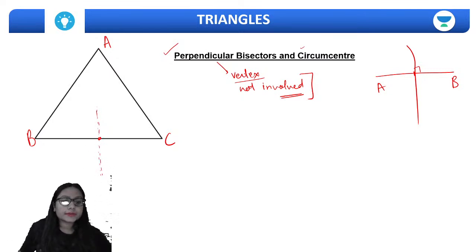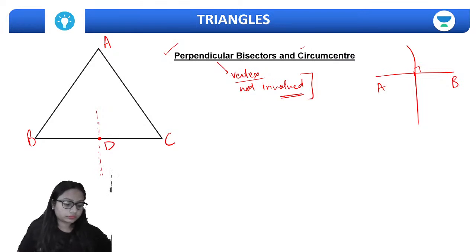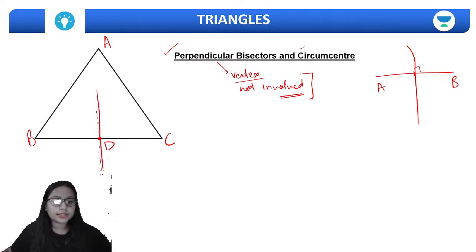Let us denote this point by D. Then let us join A to D. So this is the perpendicular bisector on BC.